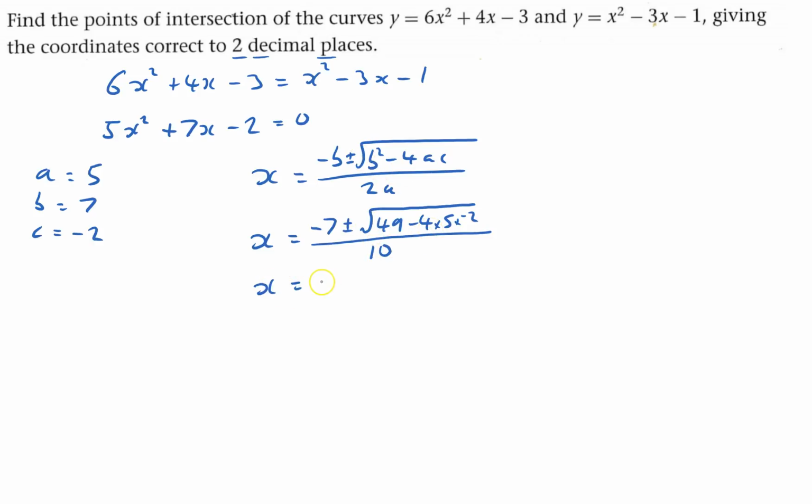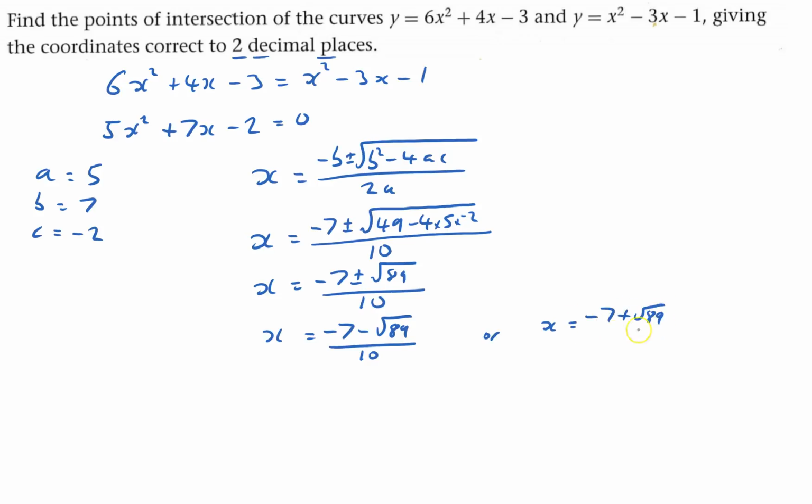So x equals minus 7 plus or minus, that's 40, root 89 over 10. And what that actually means is that x equals, I always like doing the negative first, minus 7 minus root 89 over 10, or x equals minus 7 plus root 89 over 10.